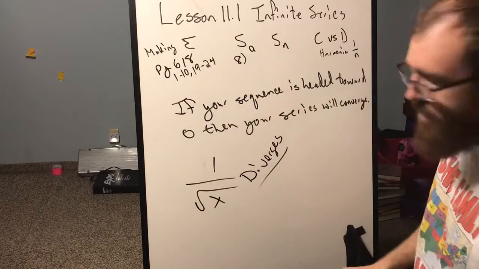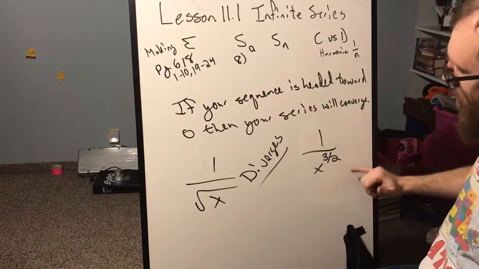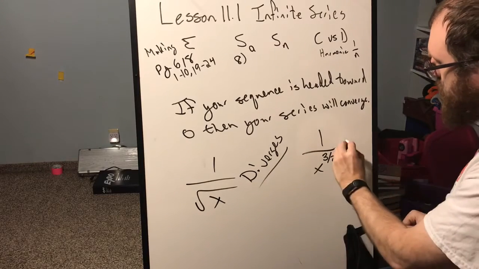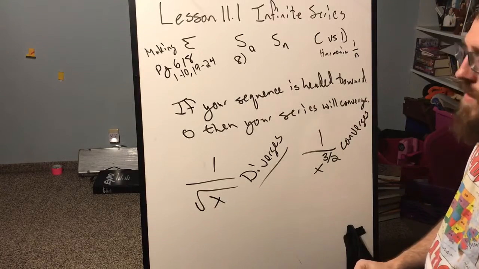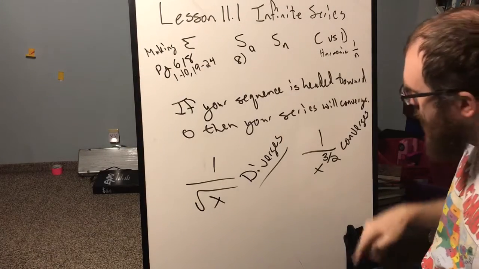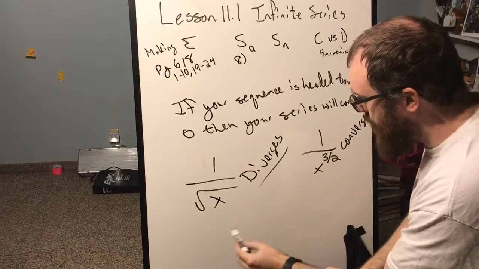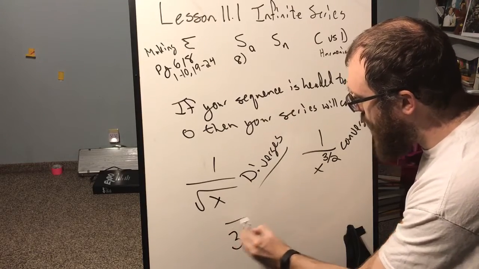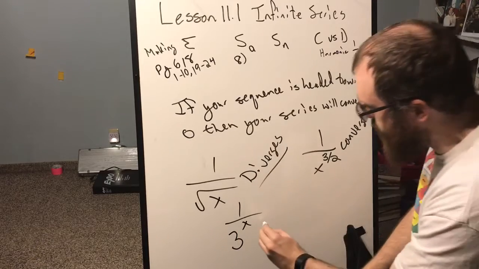But if I had something like 1 over x to the 3 halves, this is larger than 1 power larger in the denominator. That converges. Now coming into powered x's. If I have something like 3 to the x power, this is powerful enough that this converges.